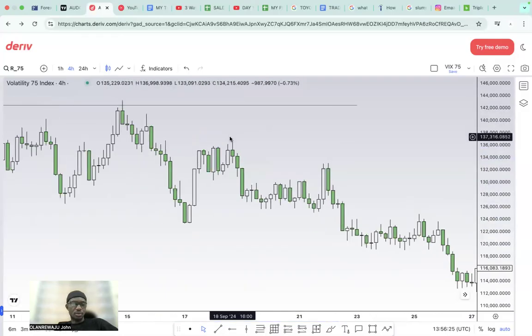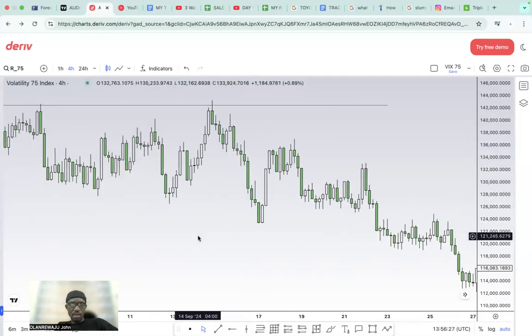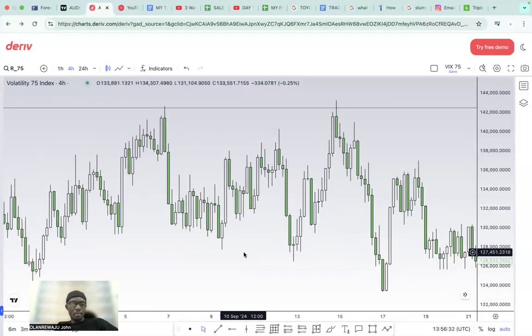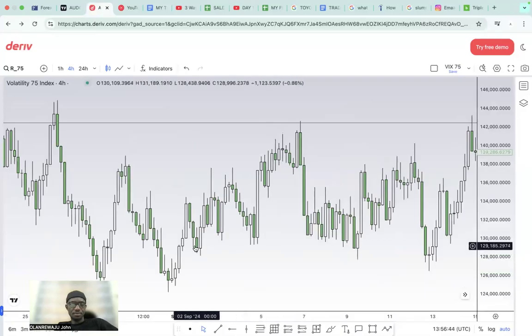But let us look for what we are looking for: an evening star and then a morning star. Take a look at this now. This is another example of three inside up. First candle, third candle closes above all this massively, massively. Three inside up.